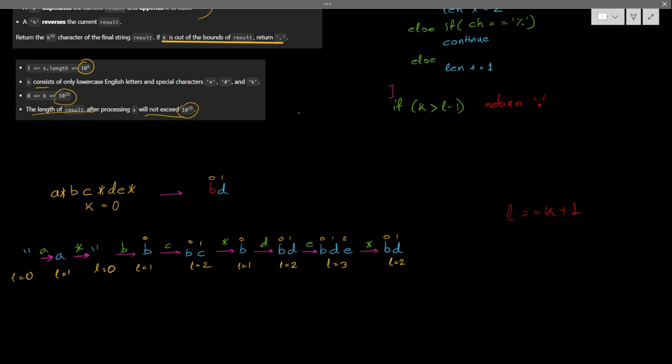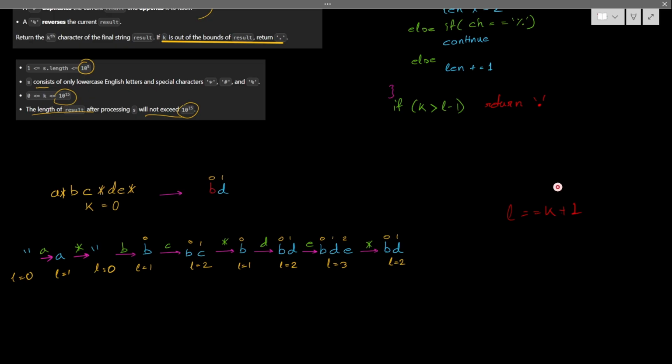Another thing: it is guaranteed our string only contains English alphabet letters, right? So whenever we get an English alphabet letter, we'll simply check this condition. We consider our string only contains a, b, c, English lowercase letters, and the asterisk symbol.